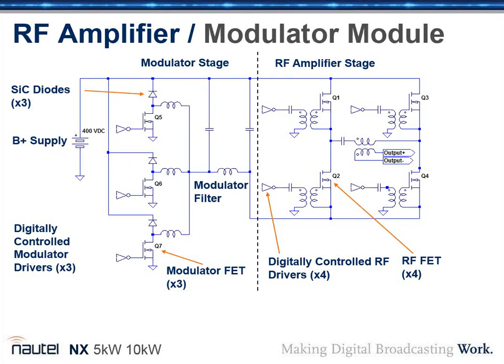They essentially switch the input of the modulator filter between 400 volts DC, which is our B+ supply, and ground or 0 volts. There are three PDM phases that come into the amplifier, and they are added together through the first inductor of the modulator filter, which is this range of inductors here. And then there's a pi filter there. Yes, that's right. That filters off the harmonics of the square wave.